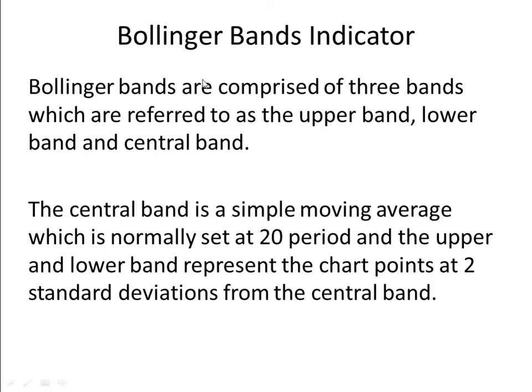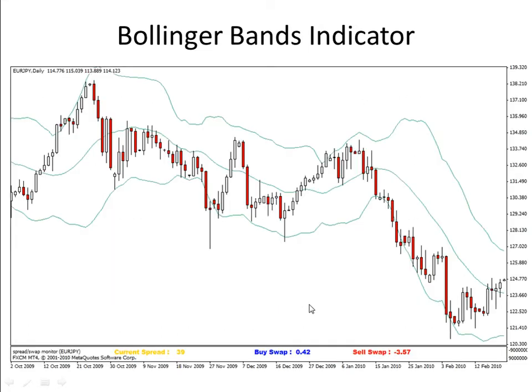So Bollinger Bands are comprised of three bands which are referred to as upper band, lower band, and middle band. The central band is a simple moving average which is normally set at 20 period, and the upper and lower bands represent the chart points at two standard deviations from the central band.